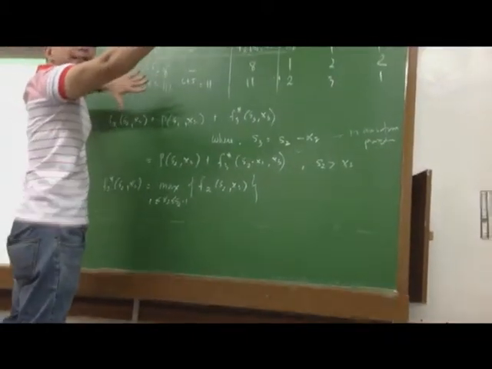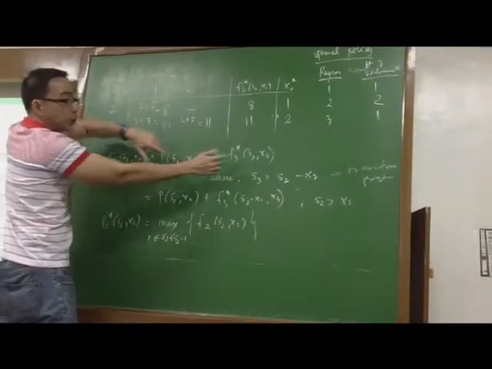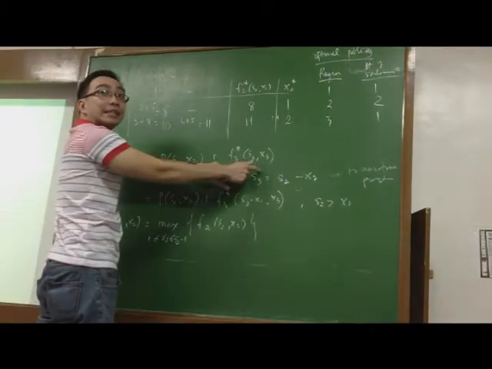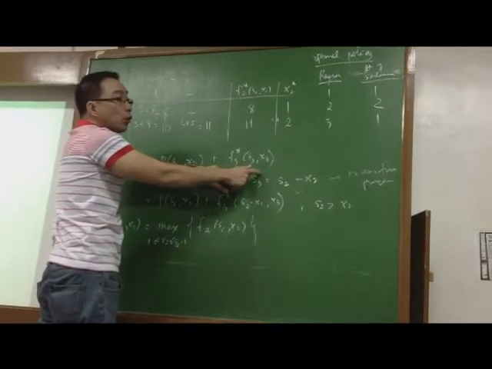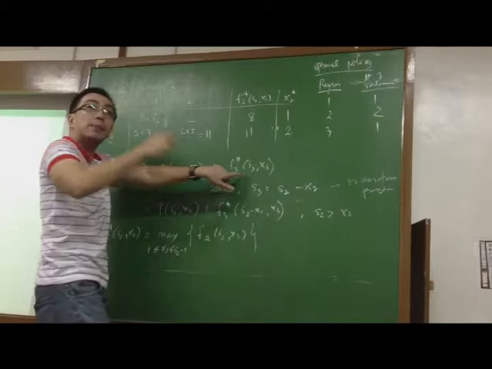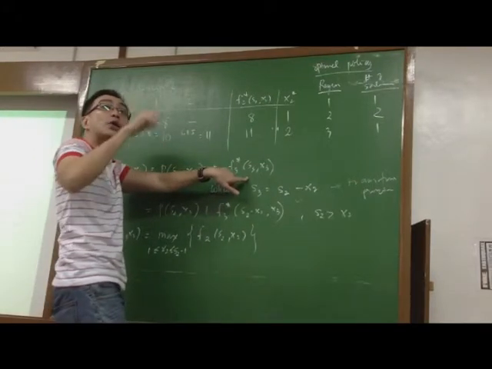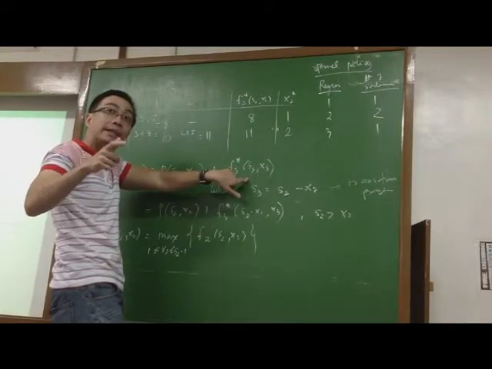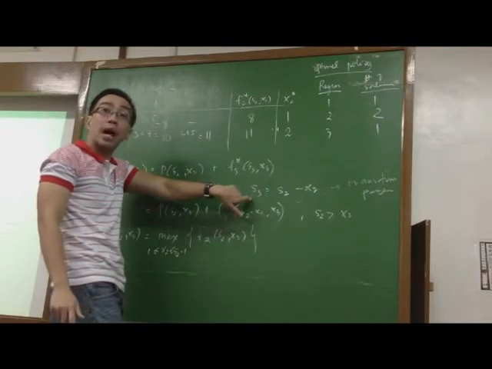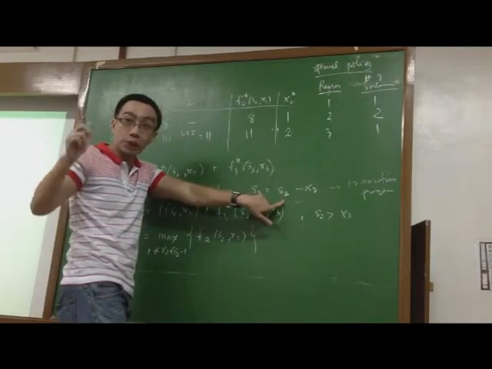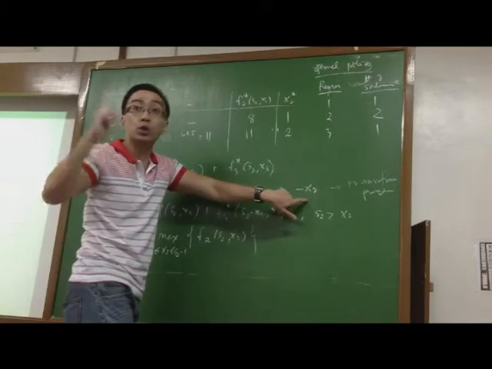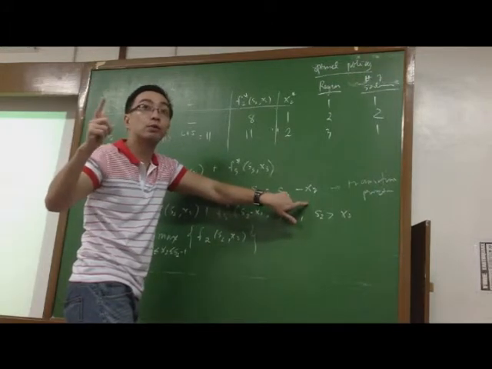Same process. Kaya lang, we have to connect stage 2 and 3. So ito yung connection, the F3 asterisk. Yung F3 asterisk mo is dependent on what should be your state 3. And the state 3, S3, depends on what you have initially for stage 2 minus what you consume, which is X2.